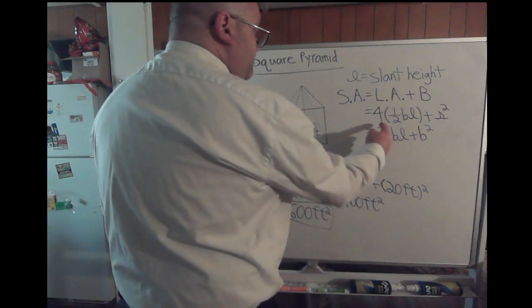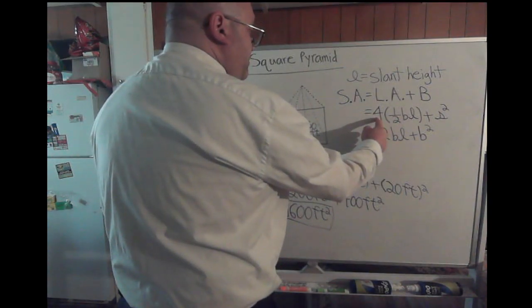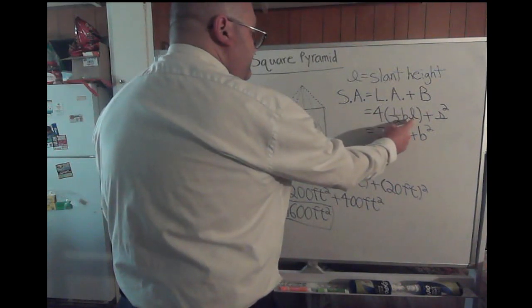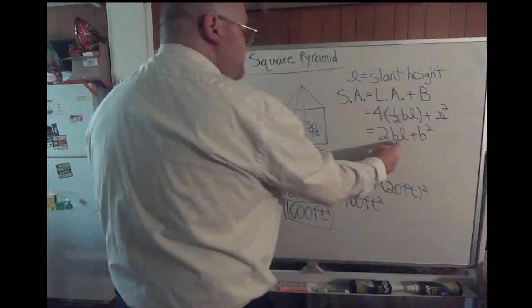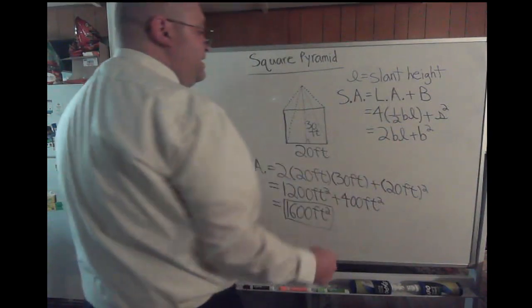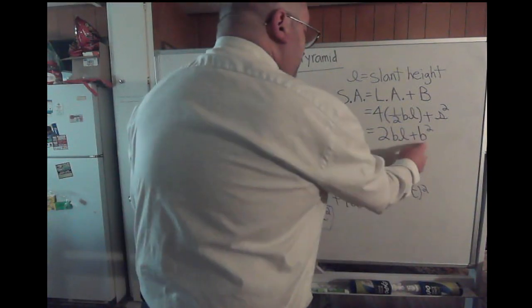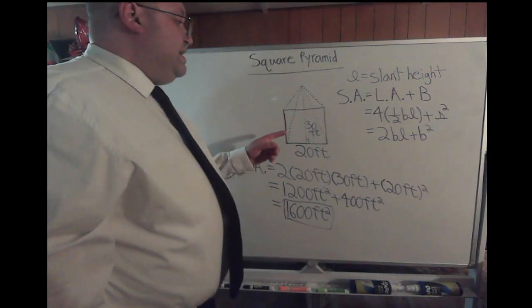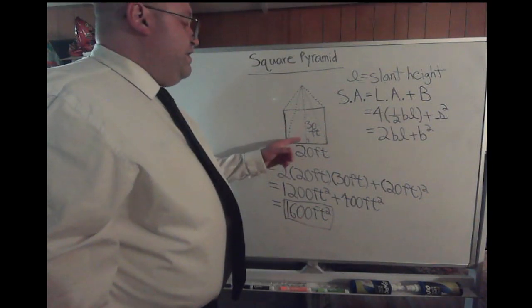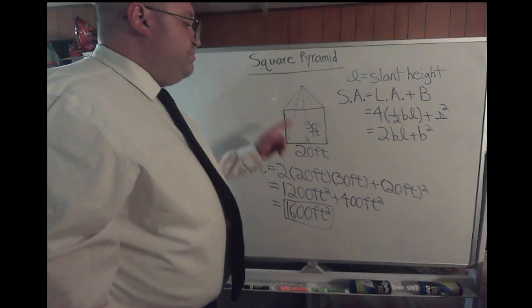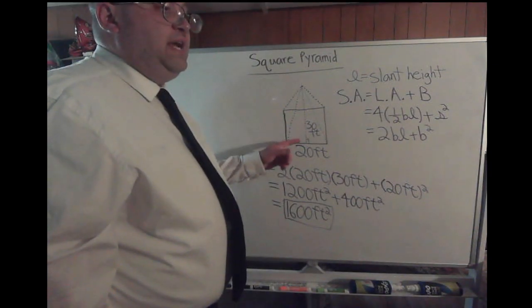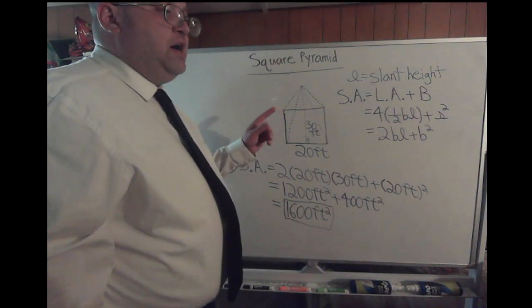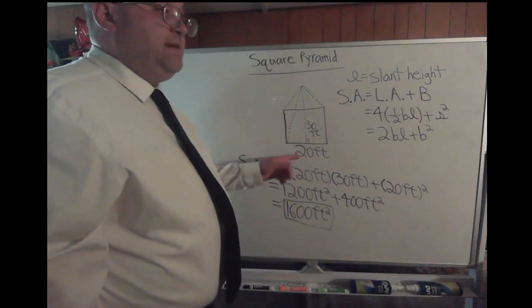So when I do the multiplication of 4 times the area of the triangle, I'll get 2 times the length of the base times the slant height, plus I can use the fact that the length of the base of the triangle is also the length of the side of the square. It's the same thing.